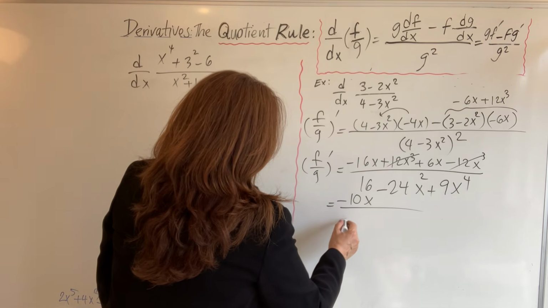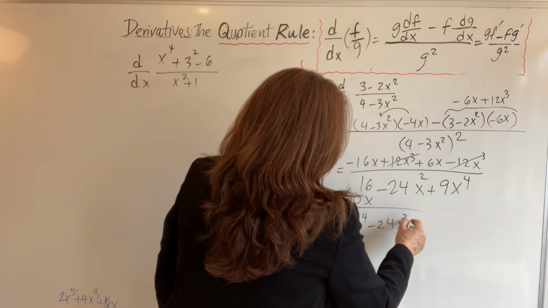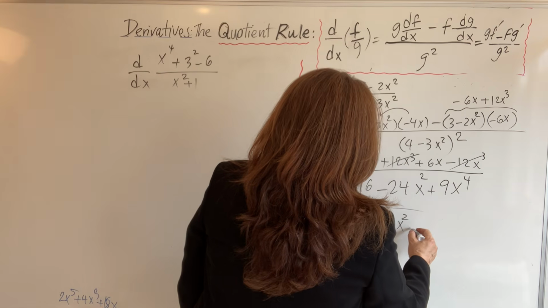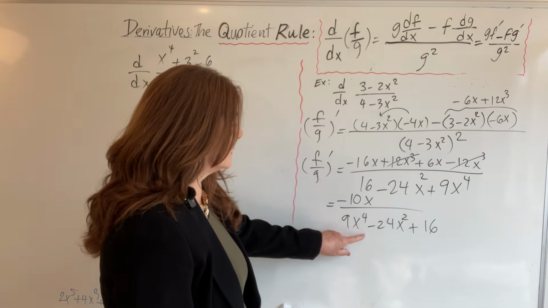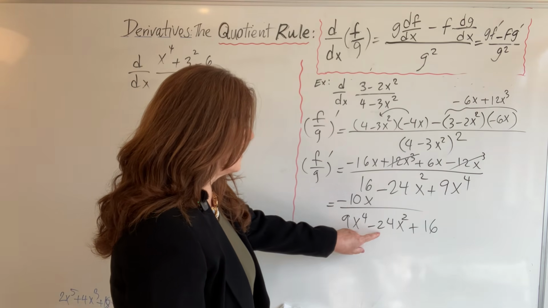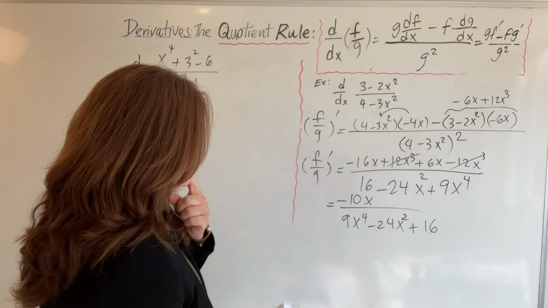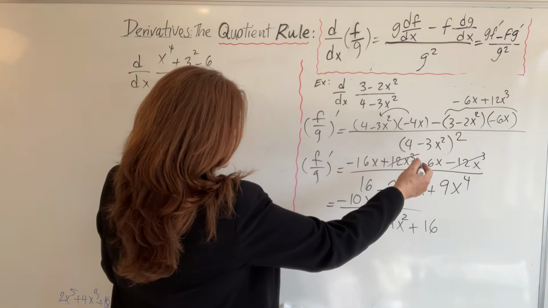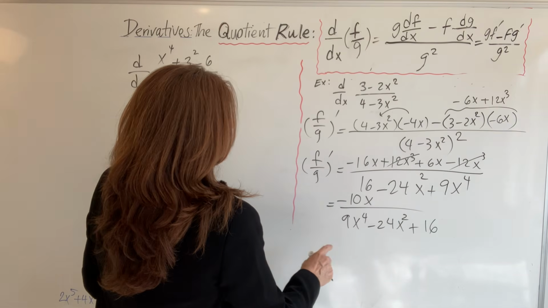We have 9x to the fourth minus 24x squared, actually plus 16. This is 9, 24, 16. We had this one before. We can't do anything else here, but this one is the final answer.